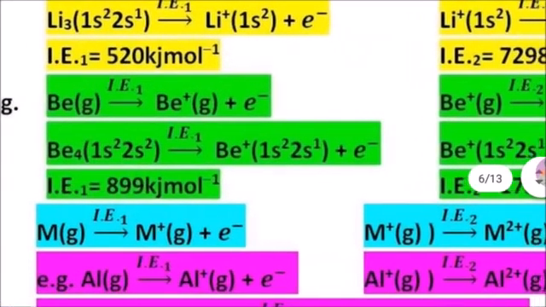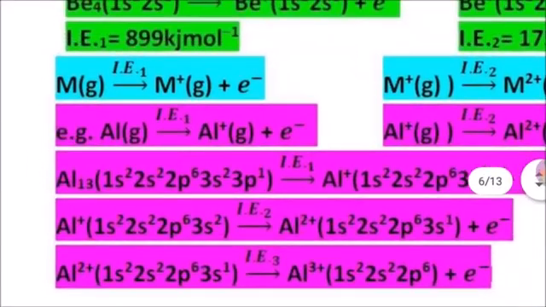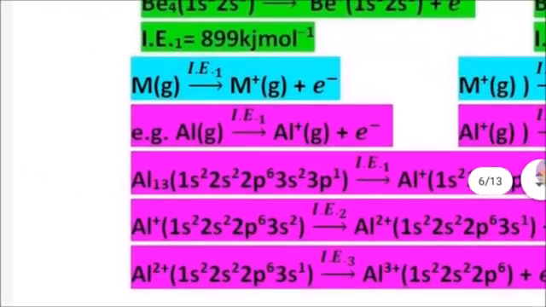But when it becomes the beryllium ion and we want to remove the second electron, the 1s2 2s1 configuration becomes 1s2, so the IE2 is 1758 kilojoule per mole. It is greater in comparison with the first one. The next case is the trivalent cation.